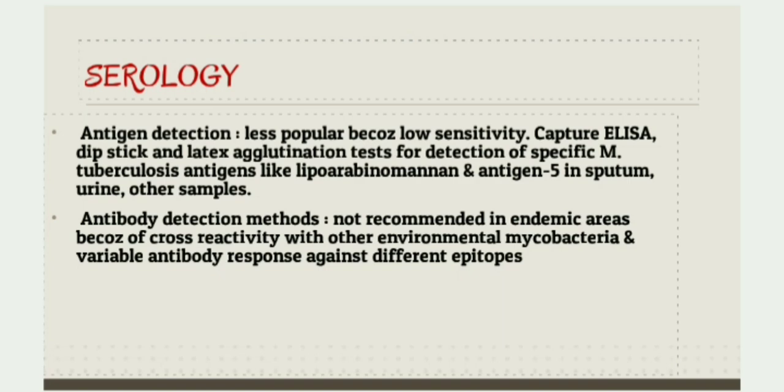Antigen detection methods like capture ELISA, dipstick and latex agglutination test are used for detecting antigens such as lipoarabinomannan and antigen 5 in sputum, urine and other samples. Antigen detection has very low sensitivity, so it is less popular. Antibody detection methods are no longer recommended in endemic areas because of cross-reactivity with other environmental mycobacteria and variable antibody response against different isotypes.